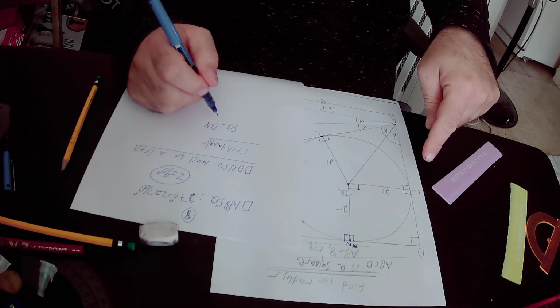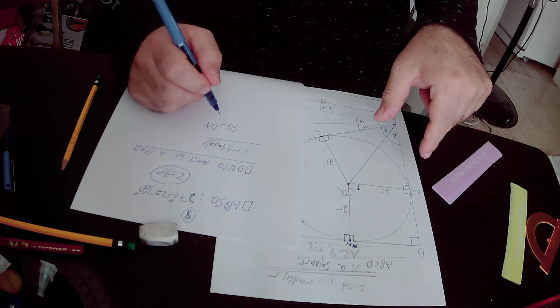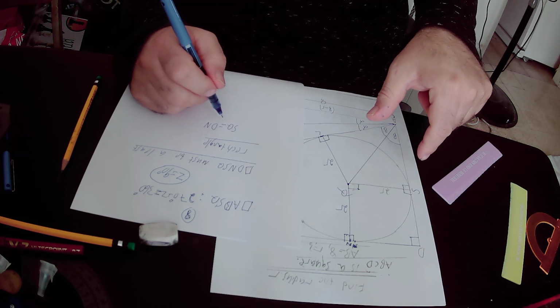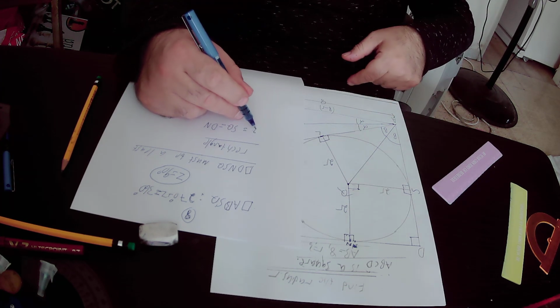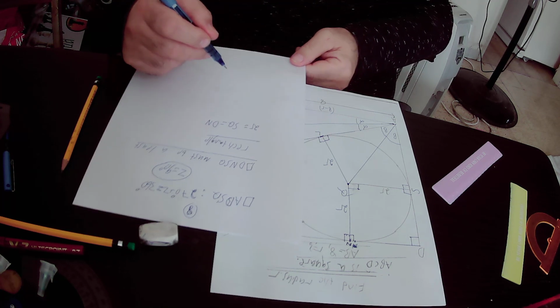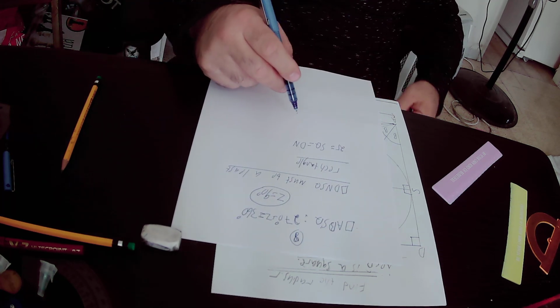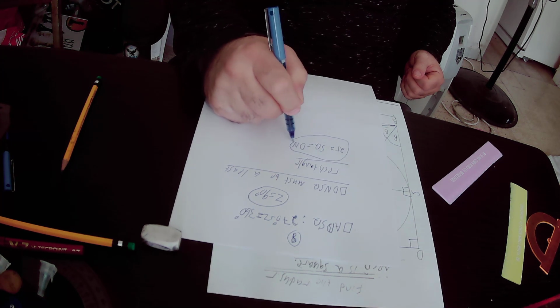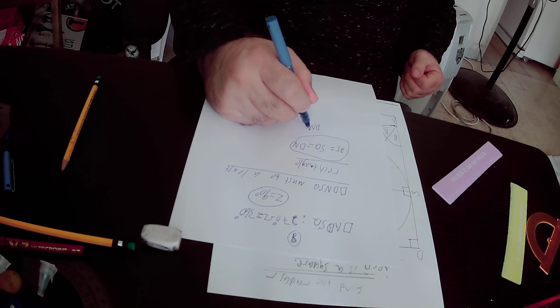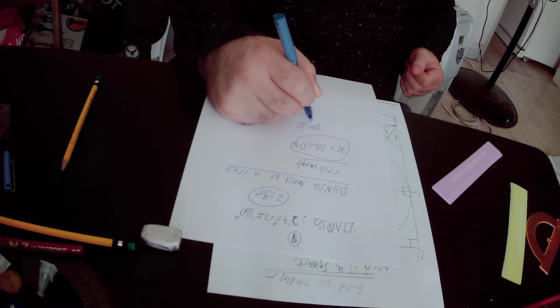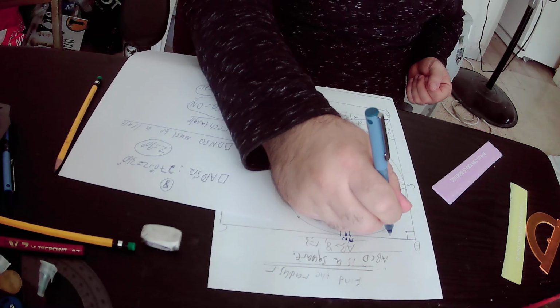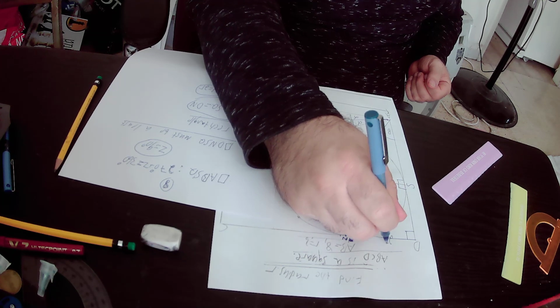But we have already found out that SQ is the radius of the big circle, that is to say it equals 2R. So from this equality we derive that DN also equals 2R.